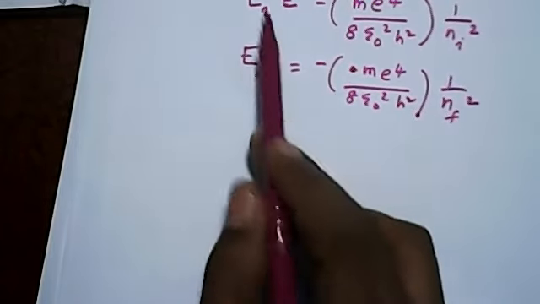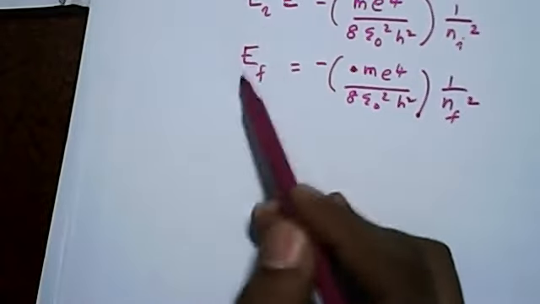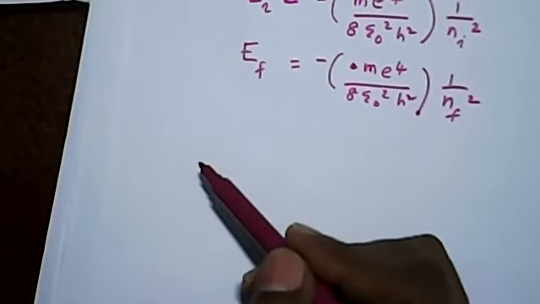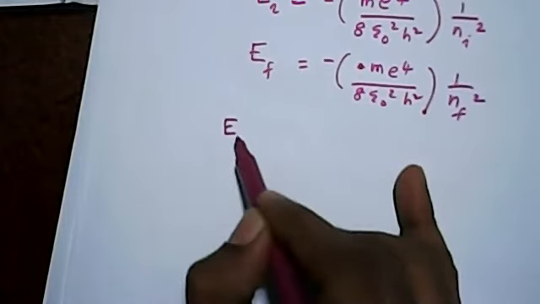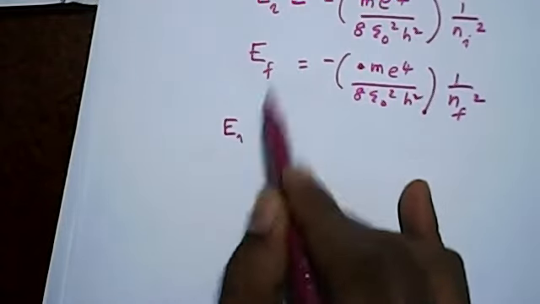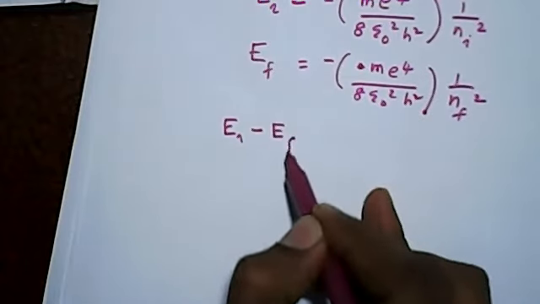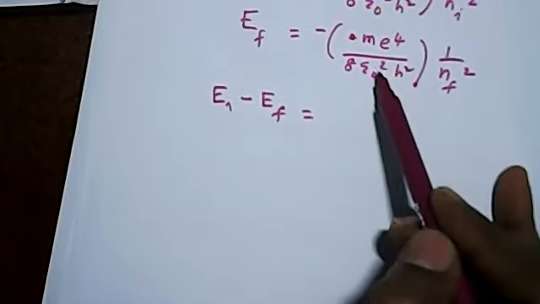Now the difference in energy is final energy minus initial energy. Or this is the higher energy, so higher energy minus lower energy. That energy is radiated as photons. So what is E_i minus E_f? When transition takes place from E_i to E_f, the difference in energy is E_i minus E_f. What is its value? This one minus this one.